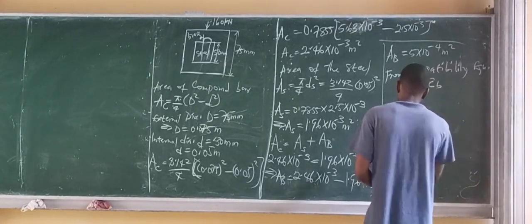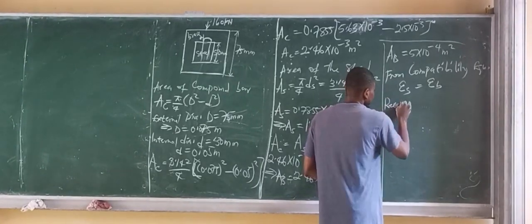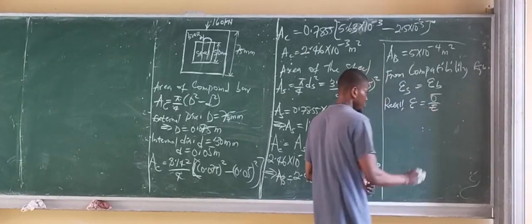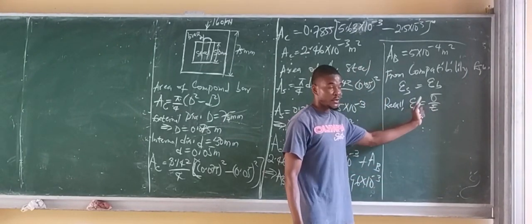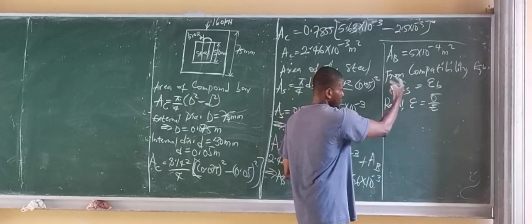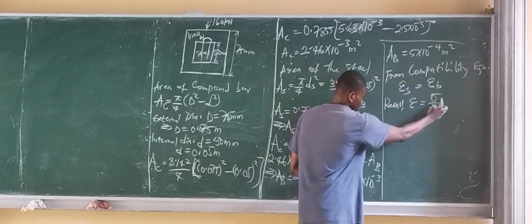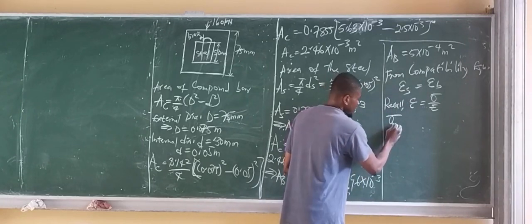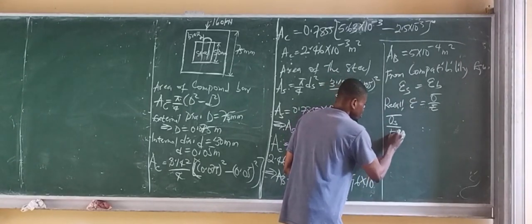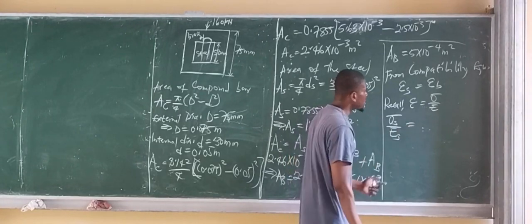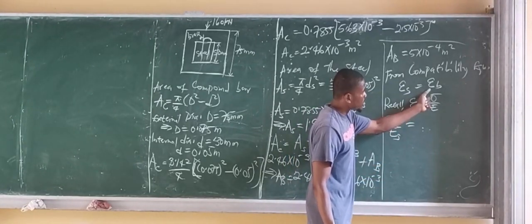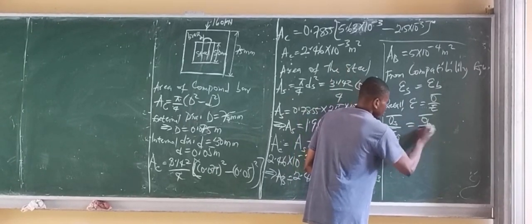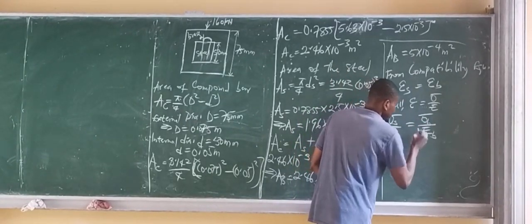And recall that strain itself is simply stress divided by Young's modulus. So the strain of the steel rod is the stress of the steel rod all over the Young's modulus of the steel rod, and that is equal to the strain of the brass rod, which is the stress of the brass all over the Young's modulus of the brass.